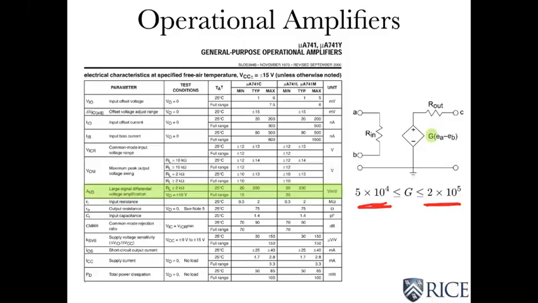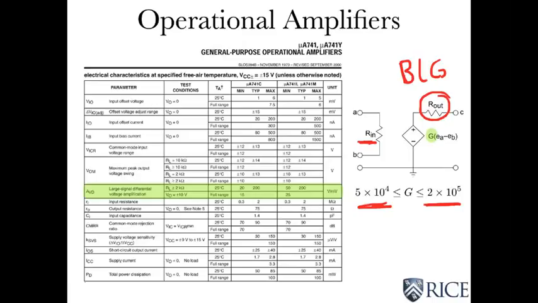Well, this, to me, says that the gain is big, which has important consequences. So, big gain, big input resistor, small output resistor.